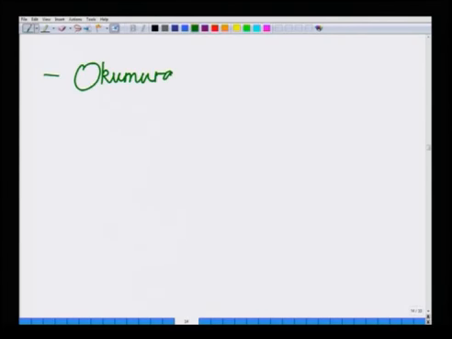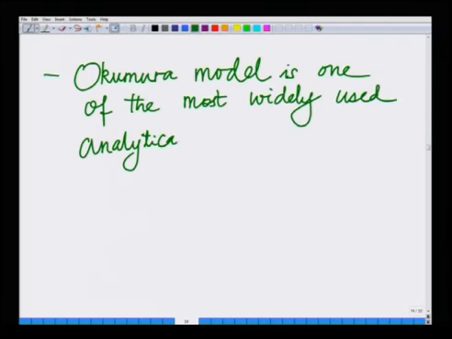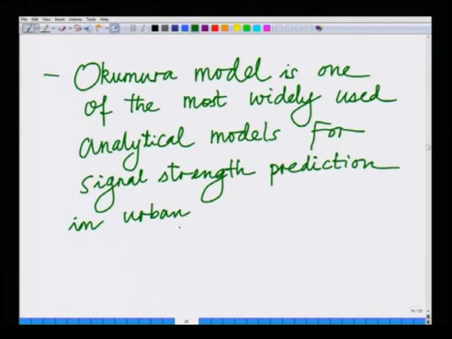The Okumura model is one of the most widely used analytical models for signal strength prediction in urban and suburban areas.